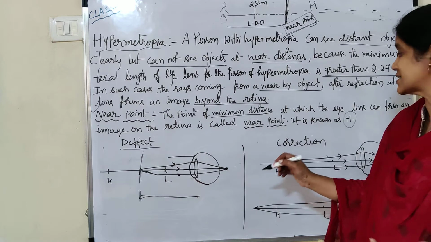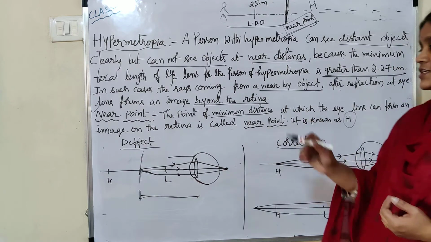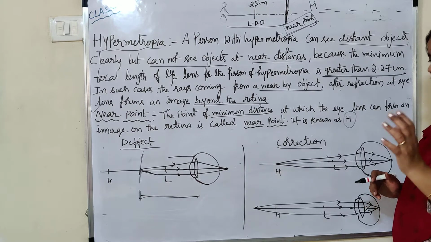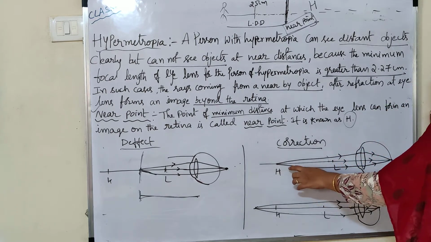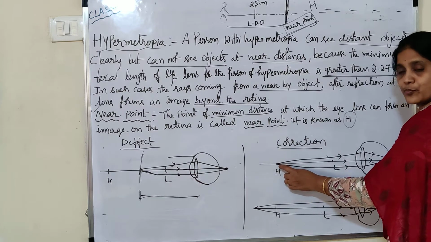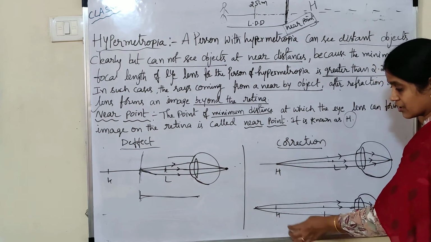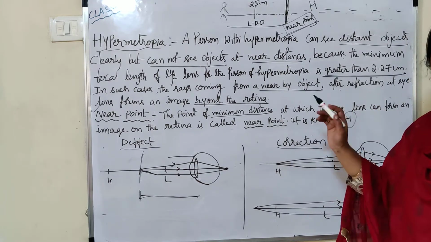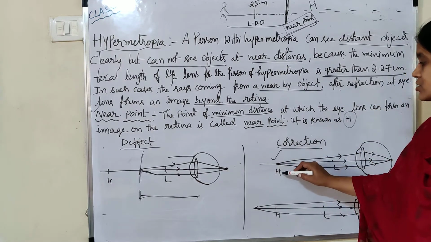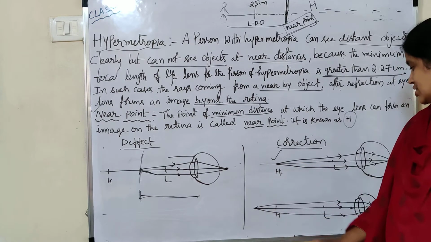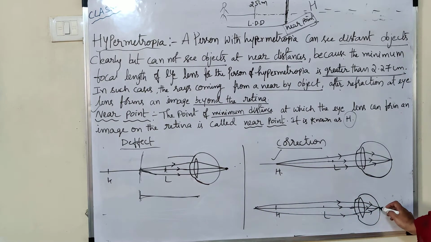So how to do this correction? For such people, if you bring the object at the point H, the near point, or beyond H, he can see the image clearly.